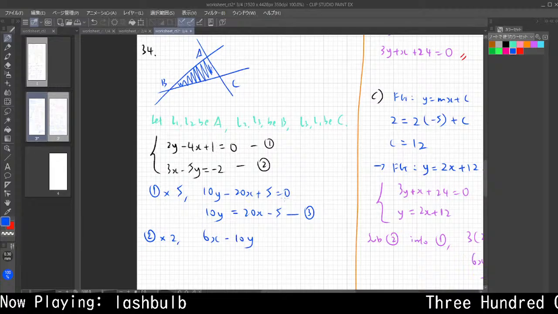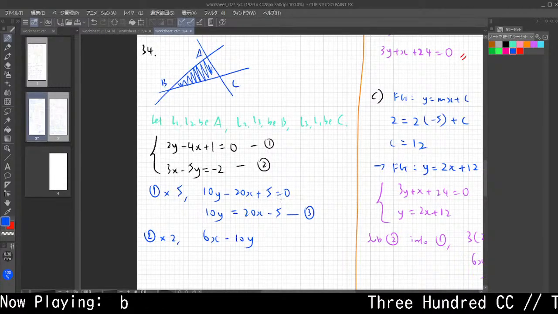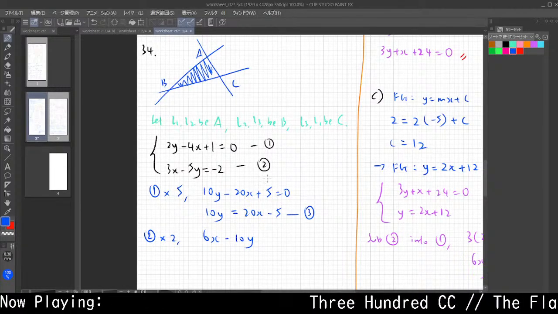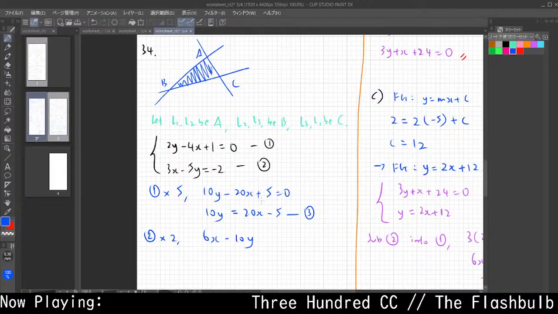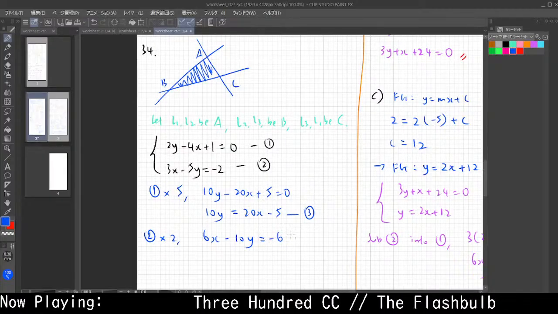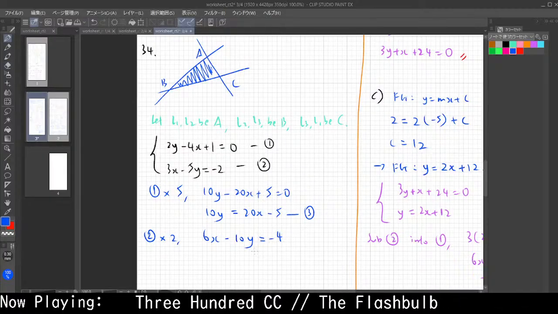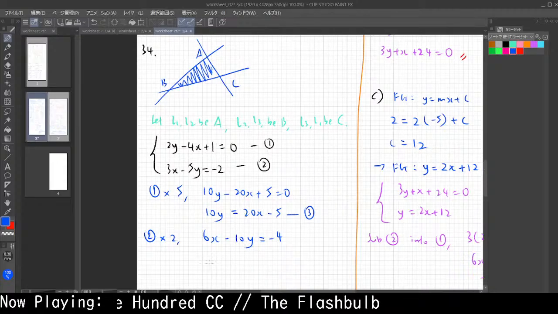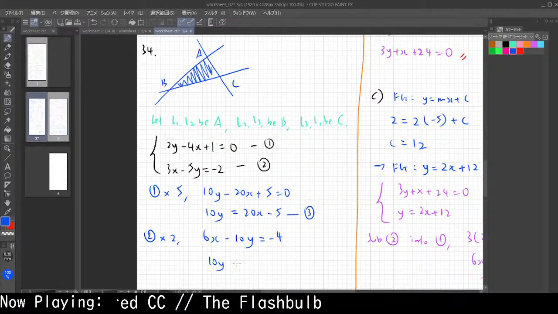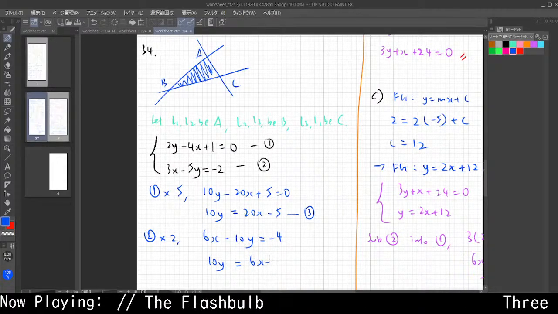Times 5, times 5, times 2 equals -4. Then you rearrange it. So 10y equals 6x plus 4.